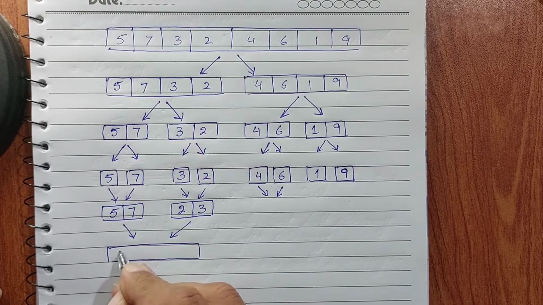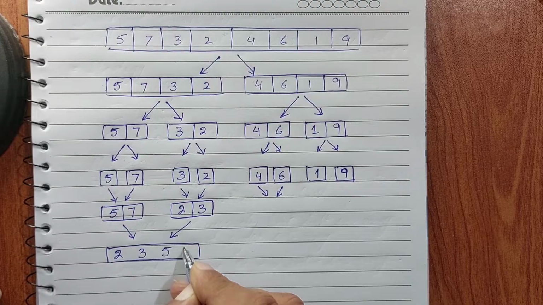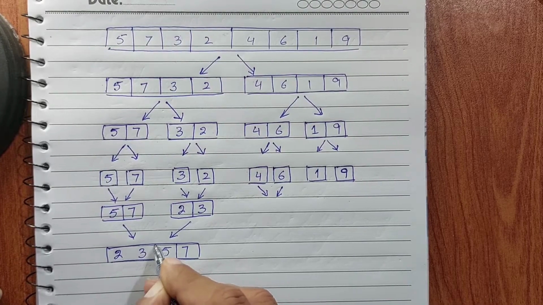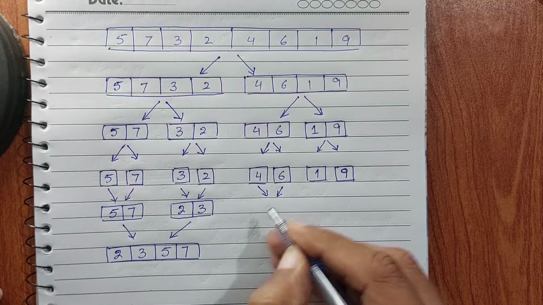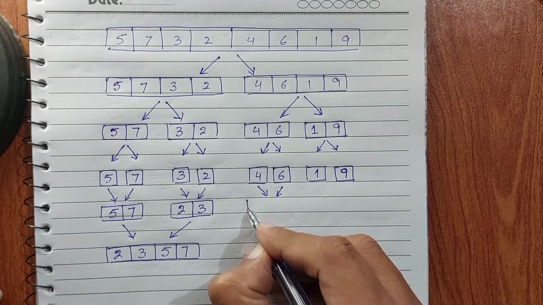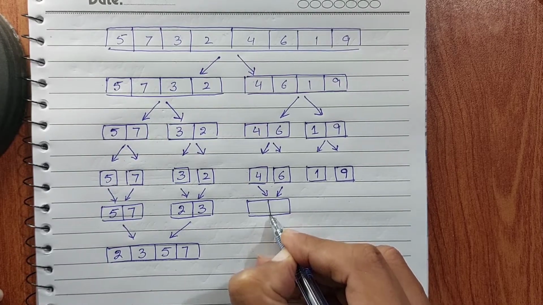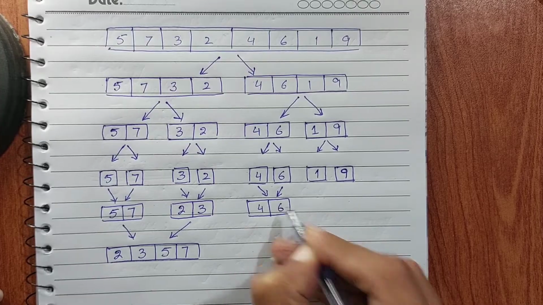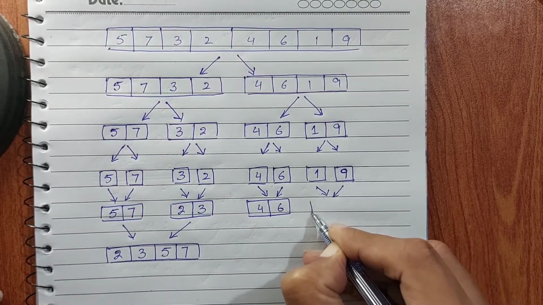So 2 would be here, then 3 would be here, then 5 would be here. We can assume right now that there is some magic that is doing this thing. Afterwards, definitely we are going to see how this merge takes place. So 4 here and 6 here, and 1 and 9.